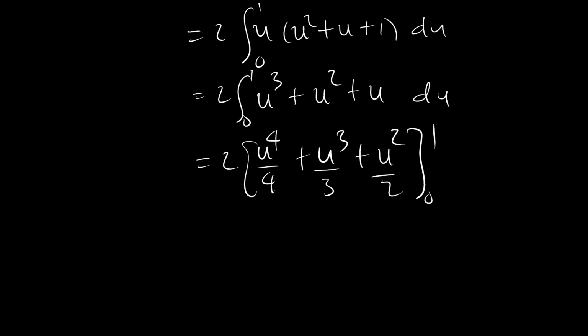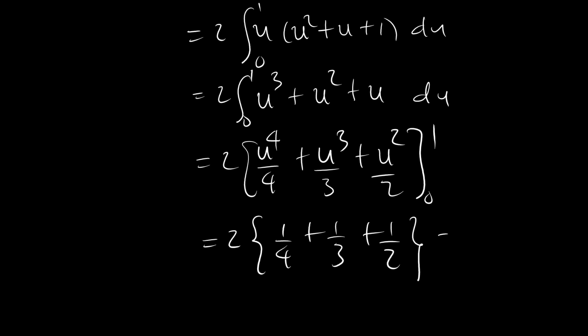Okay, so this means that we just have 2 times 1 over 4 plus 1 over 3 plus 1 over 2 minus 0. We have a 12 over, so plus 4 plus 6 by 2, 6.